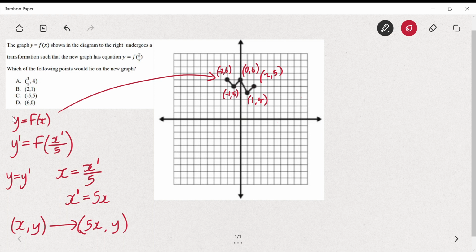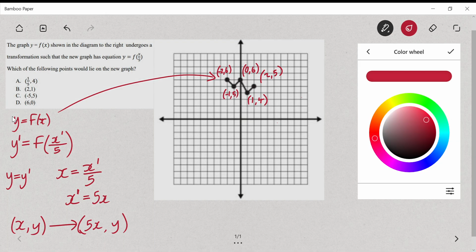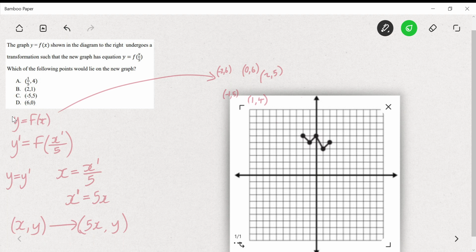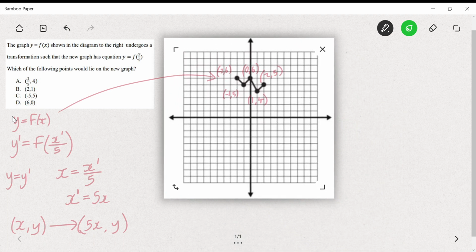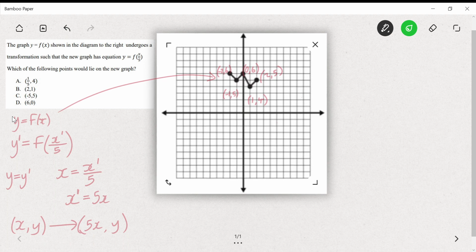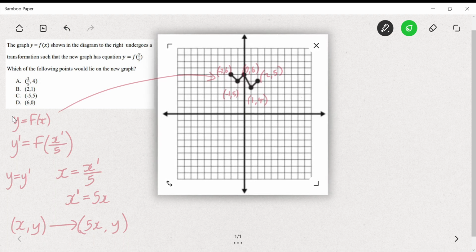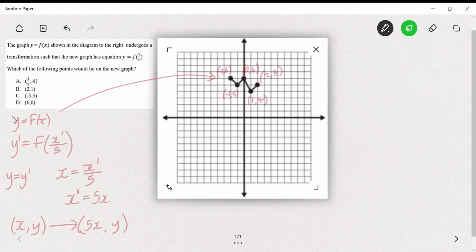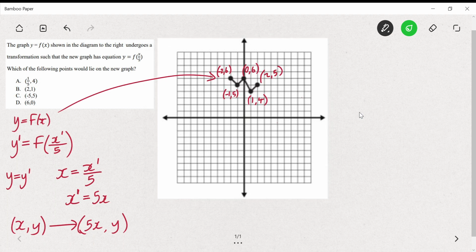So the different image points would be, for this one here, the point 1, 4, it would translate to being the point 5, 4, because you just times the x by 5.